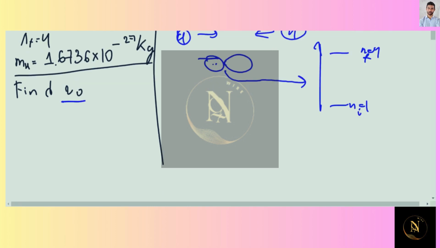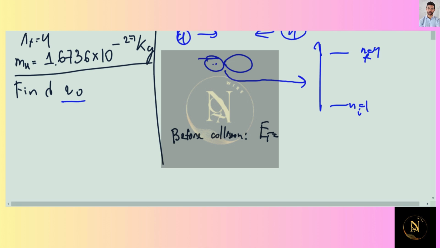So let's consider the conservation of energy. Before the collision, the total energy of the system equals the sum of kinetic energies of two atoms.